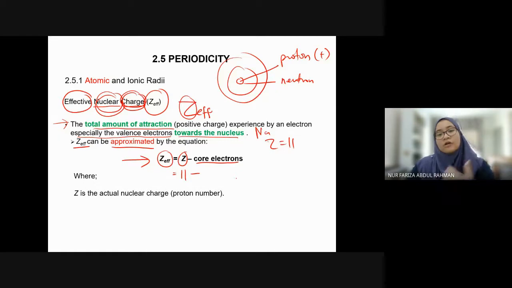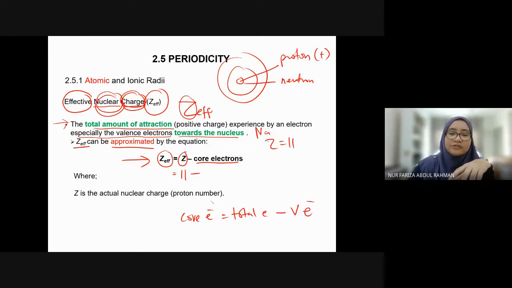In order to find out the core electron, it should be total electron in the atom minus the valence electron. Then you get your core electron. So total electron for sodium atom will be 11, because we are talking about atom, not ions, minus the valence electron for sodium.